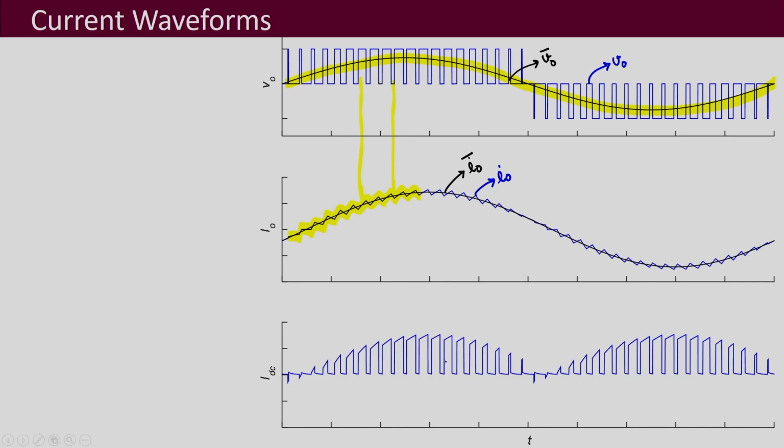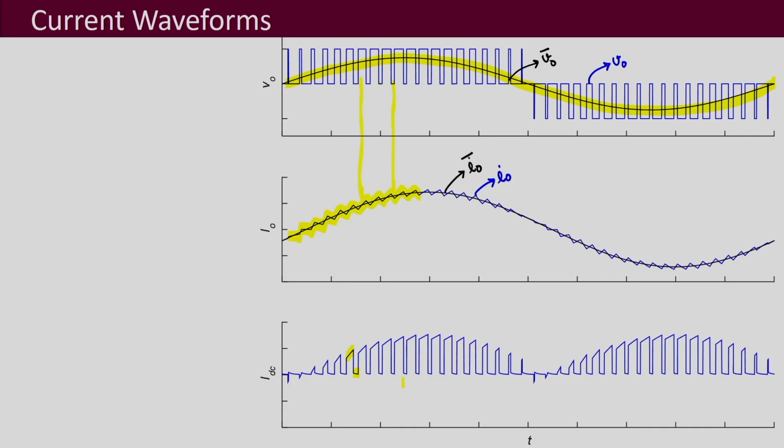Then your IDC waveform, the DC bus current waveform, you can form using all the switching combinations and the direction of the current. Here sometimes it is equal to IO, sometimes it becomes 0.